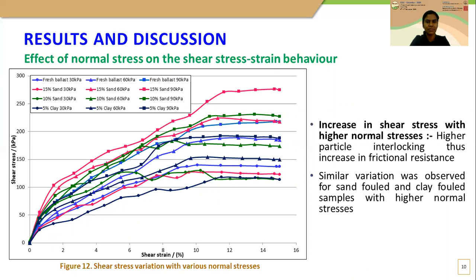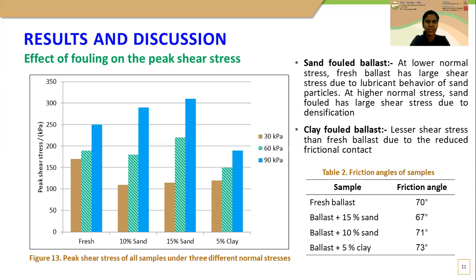As you can see, for any kind of sample, there is an increase in shear stress with higher normal loads. This is due to the increase in frictional resistance caused by the higher particle interlocking. When we look at the peak shear stress of each sample, at a normal stress of 30 kilopascal, all the samples showed lower shear stress compared to the fresh ballast.